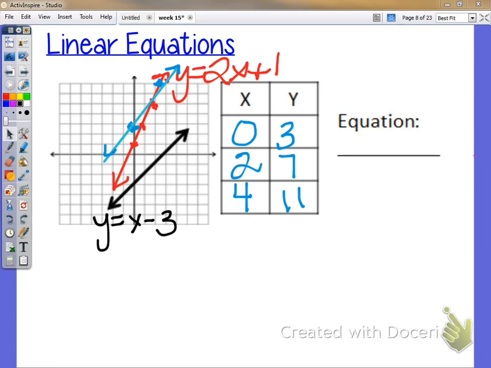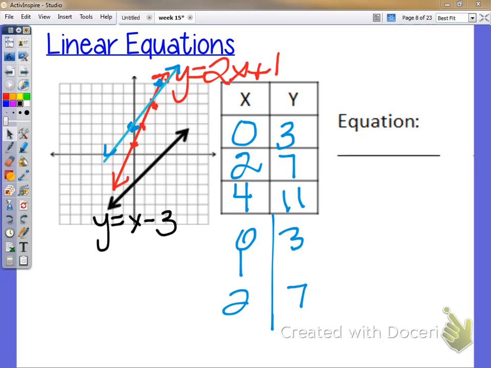And now we need to find the equation. Now, when we did nth term, did we ever figure it out 0, 2, 4? No. We always had to have them go 0, 1, 2, 3, 4, right? So what I'm going to do is rewrite this 0, 1, 2. What do we know 0 is? 3. And what do we know 2 is? 7.